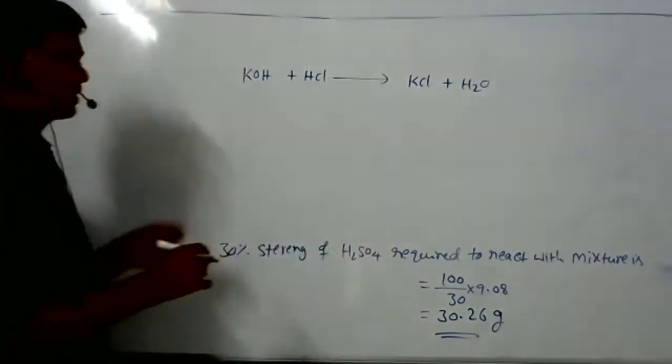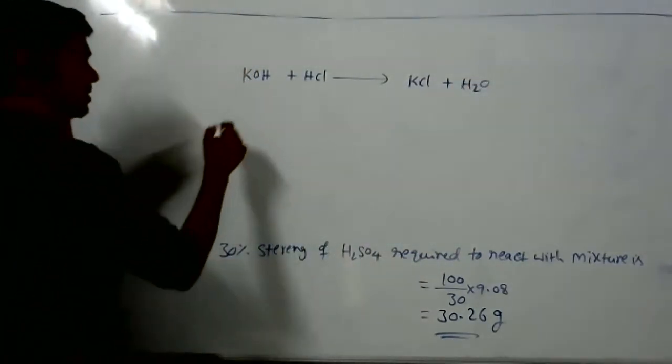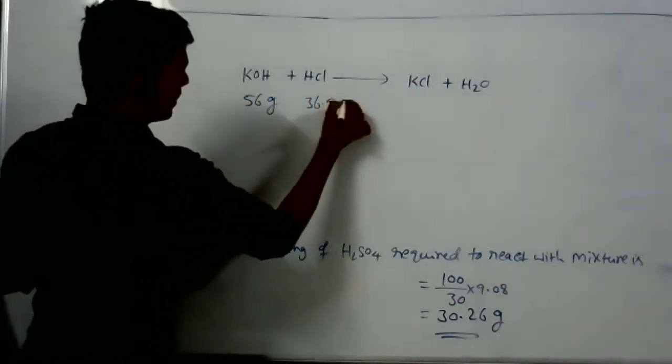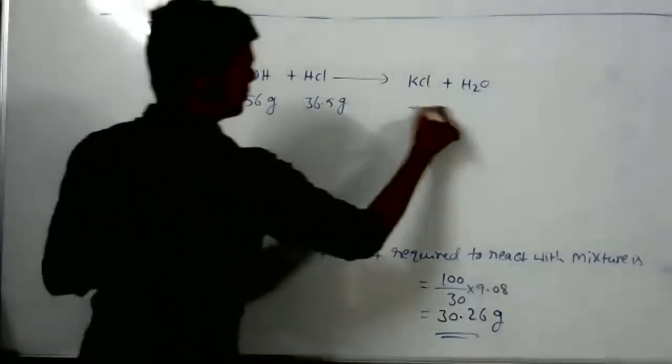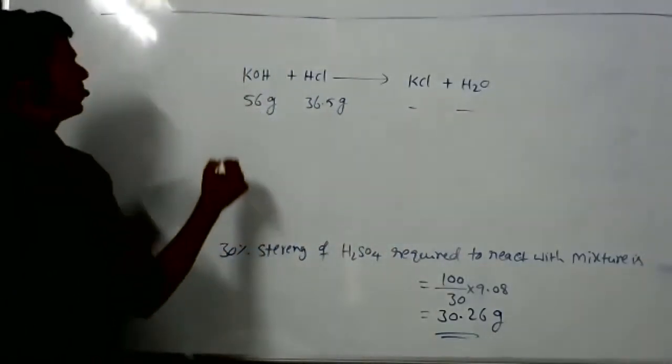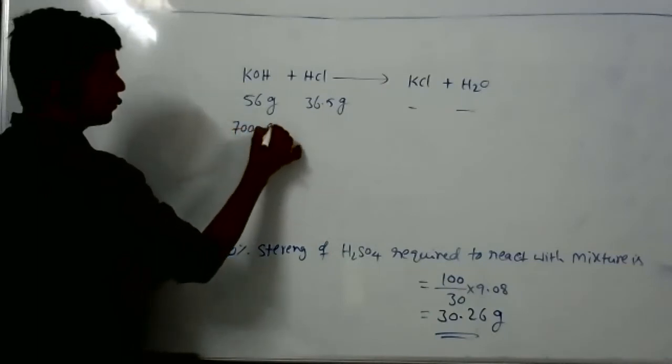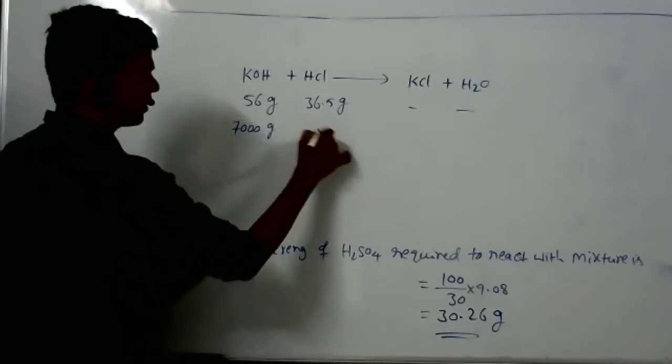KOH mass is 56 grams. HCl mass is 36.5 grams. Here 7 kg means 7,000 grams.